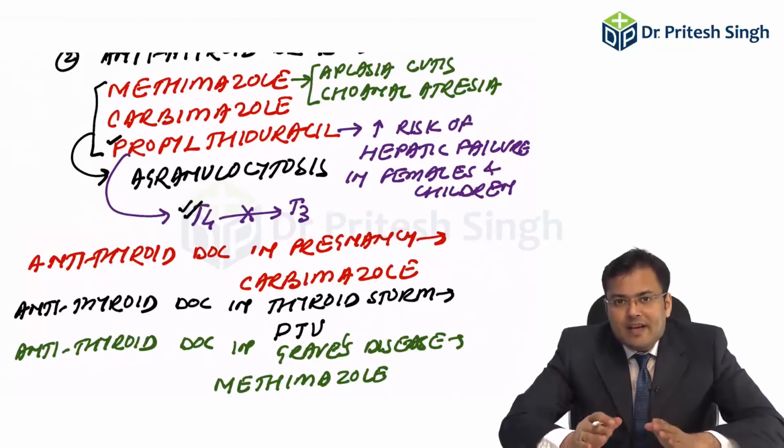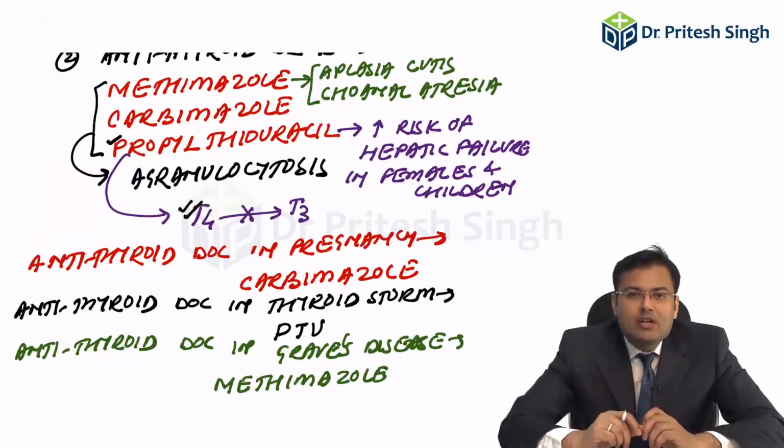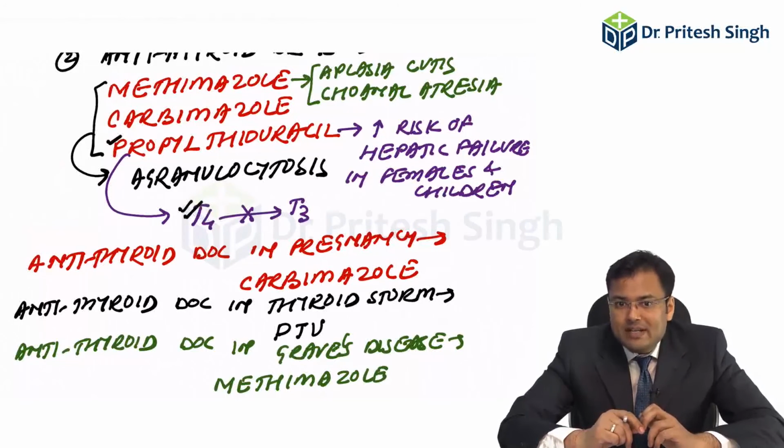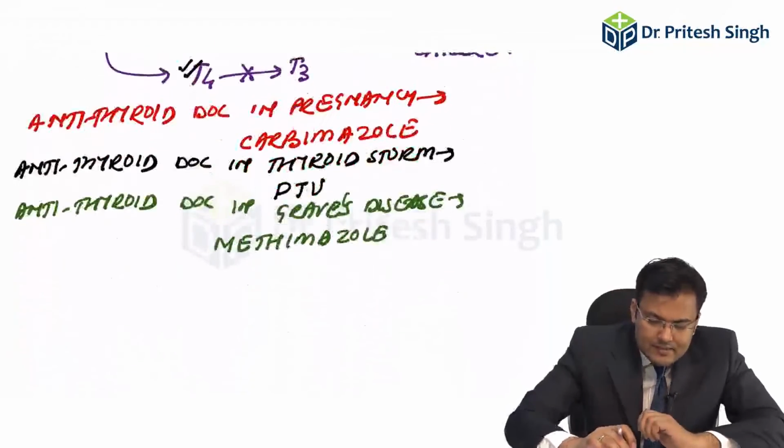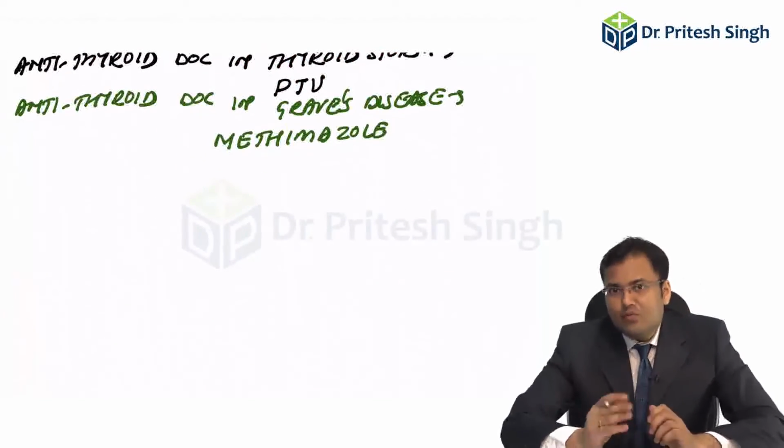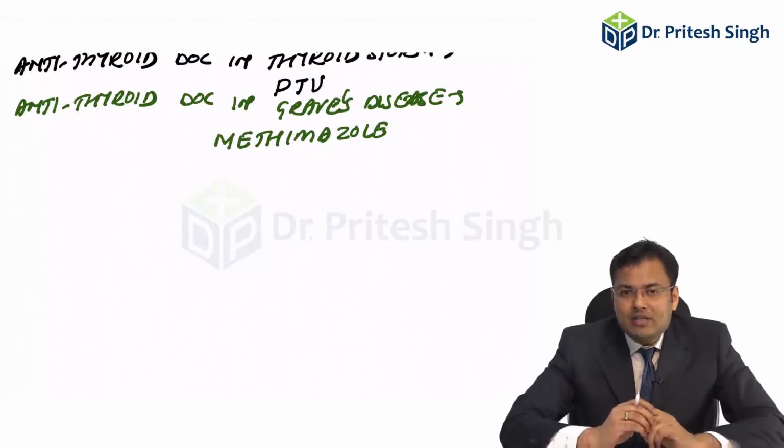These are three very important questions. I'm repeating. Antithyroid drug of choice in pregnancy, carbimazole. Antithyroid drug of choice in thyroid storm, propylthiouracil. And antithyroid drug of choice in Graves, methimazole. Now coming to Graves again. In Graves' disease, we are giving antithyroid drugs.